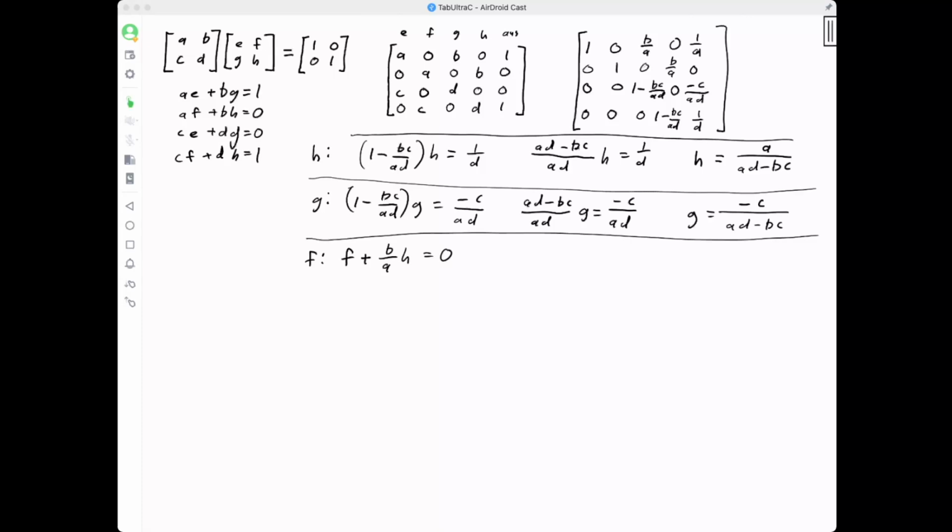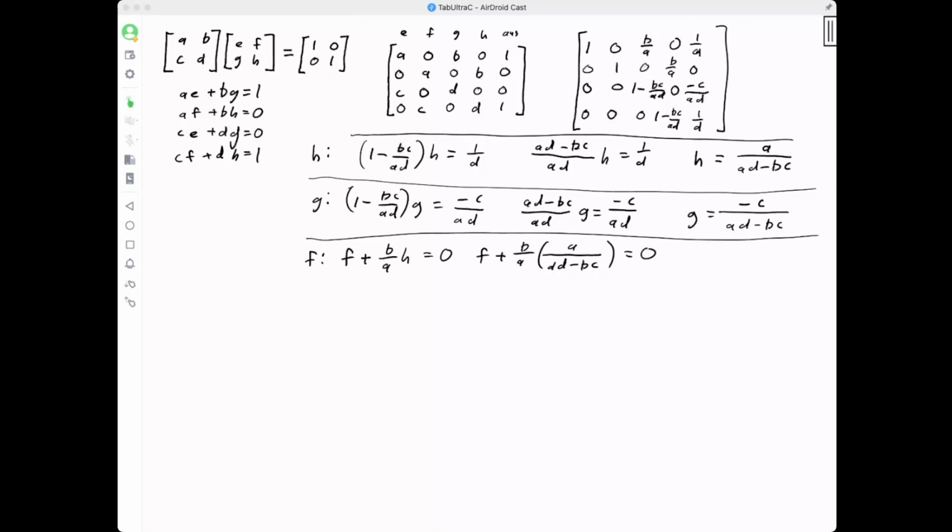But I know what H is because I calculated that above. So F plus B over A times my H, which is A over AD minus BC, has to equal 0.